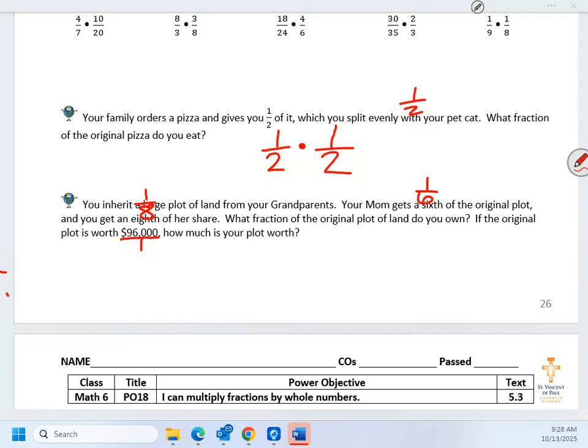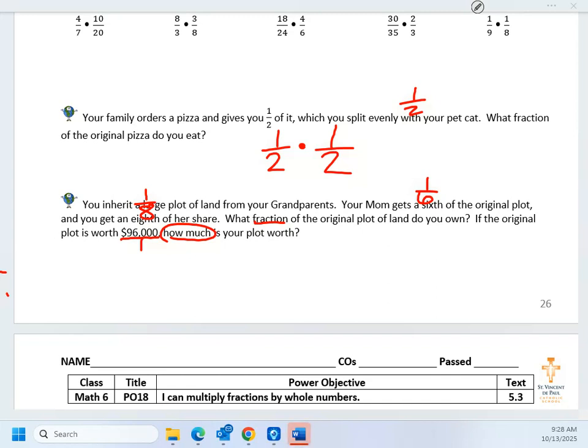Multiply your answer fraction with that $96,000 to see how much money your land is worth. So this one, you're going to have 2 answers. One is the fraction that you get for your land. The second is the cost of your fraction of the land.